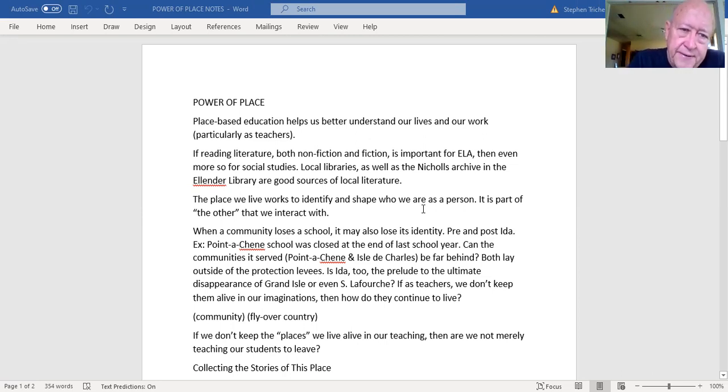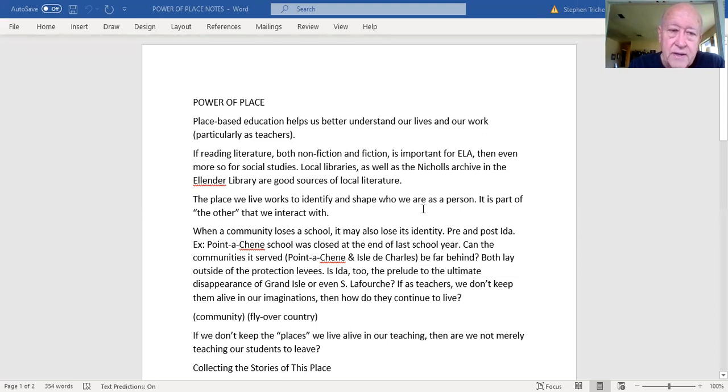Basically, the argument is place-based education helps us better understand our lives and our work, particularly as teachers. It gives us concrete context. It's not all abstract.